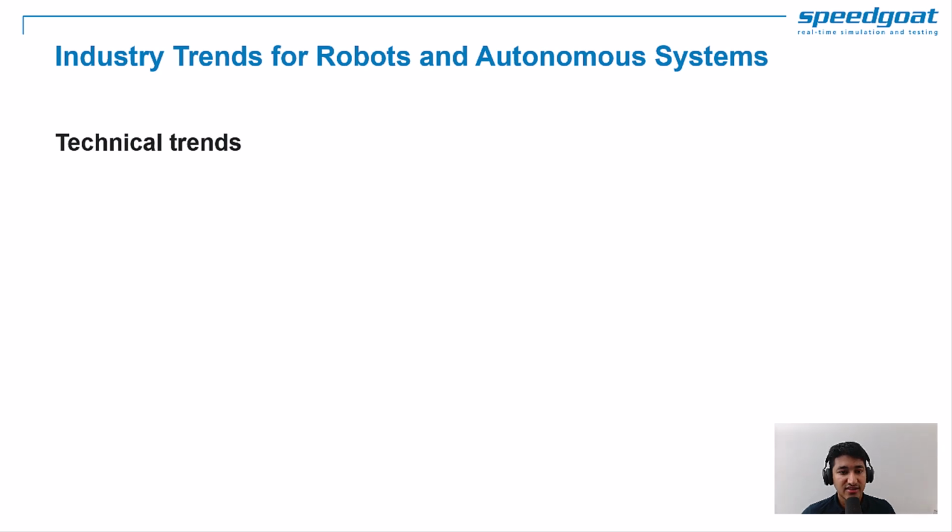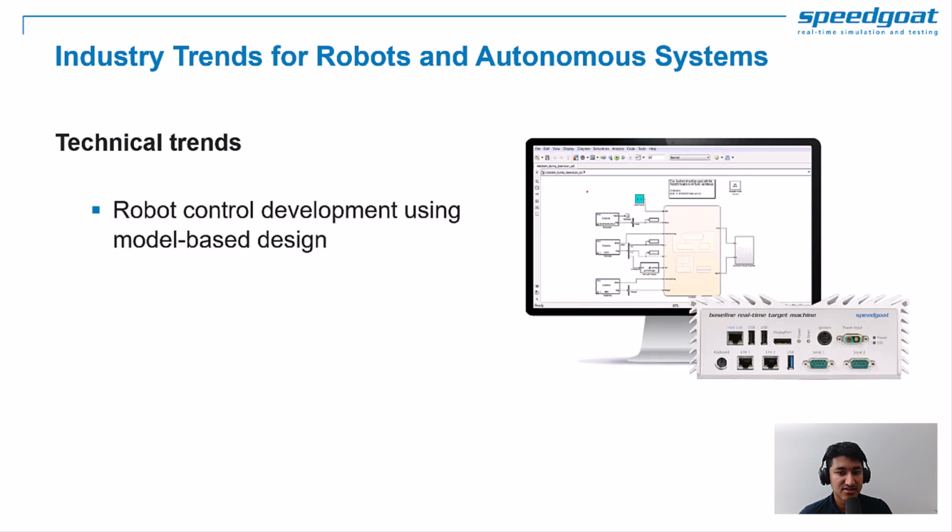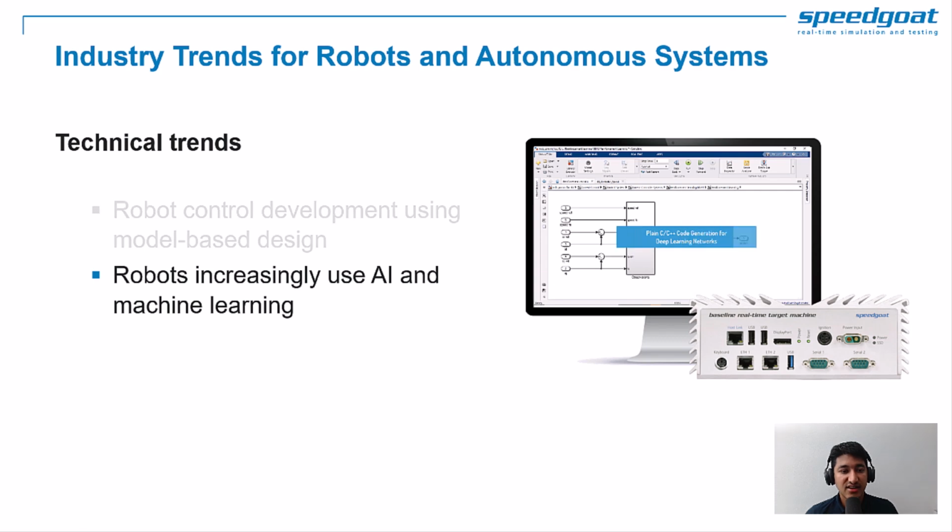Let us now look at the industry trends for robots and autonomous systems. Engineers today are using model-based design approaches with Simulink and SpeedCode from control design prototyping to controller testing end-to-end. They're increasingly using AI and machine learning to enhance their perception and decision making with autonomy, unlike traditional robots which rely on pre-programmed instructions.